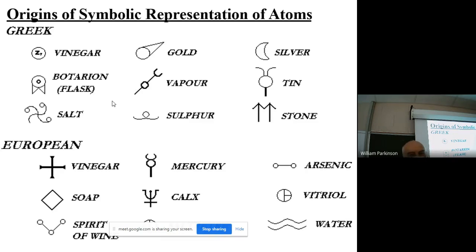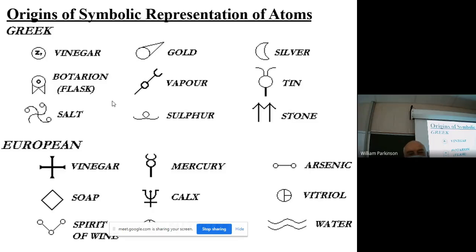And what I want to point out to you is that I in no way, shape, or form intend that you have to memorize the symbol that was used for gold and the symbol that was used for stone in ancient Greece. That is not the intent of this slide.